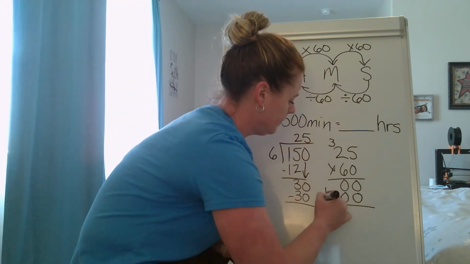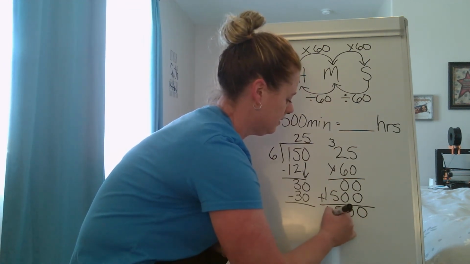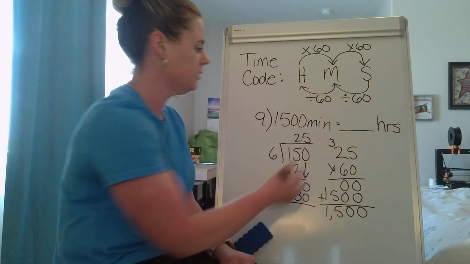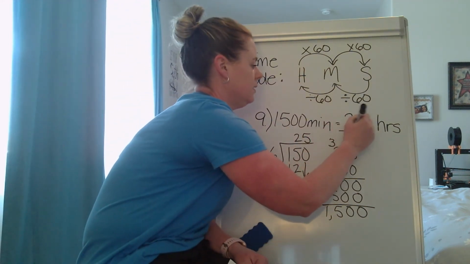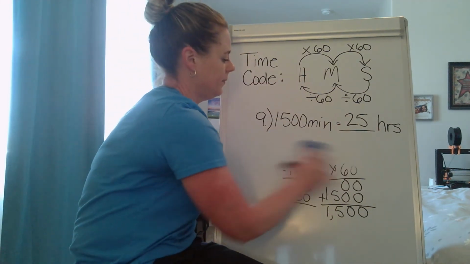Add those up. We get 1,500. Okay, so that is correct. You can always check your work. So 25 hours. They're kind of tricky, aren't they?